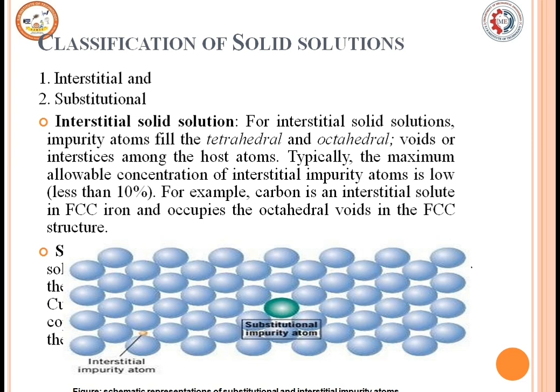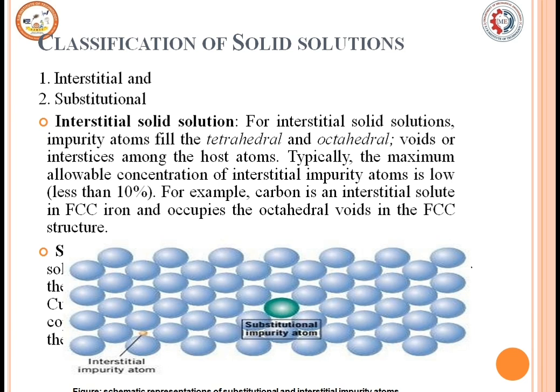So when we classify solid solutions, there are two types: one is interstitial and the other is substitutional. What is an interstitial solid solution? Interstitial solid solutions have impurity atoms in the tetrahedral and octahedral voids, or interstices, among the host atoms.